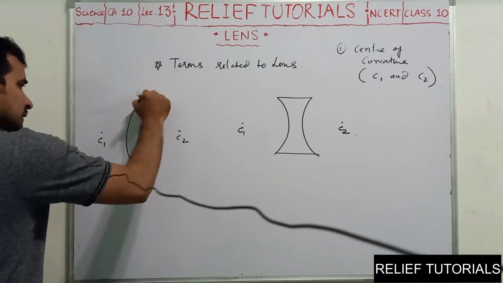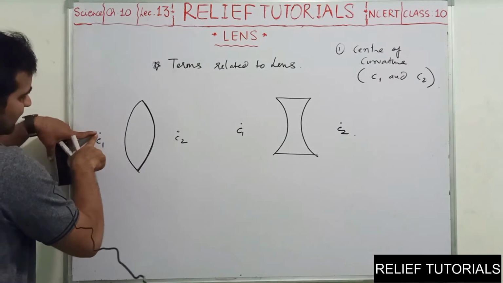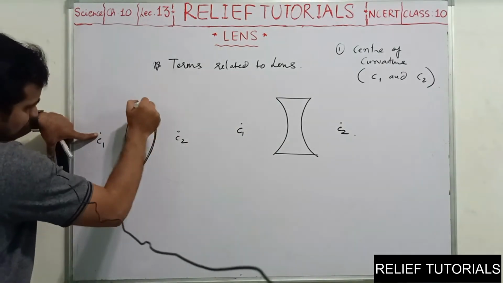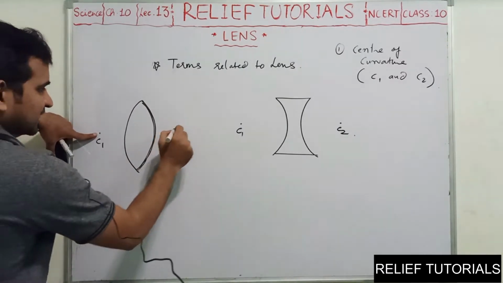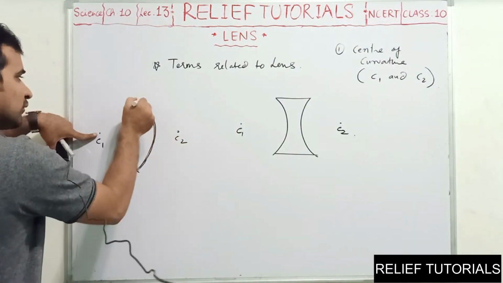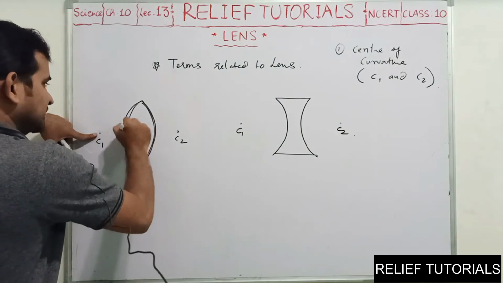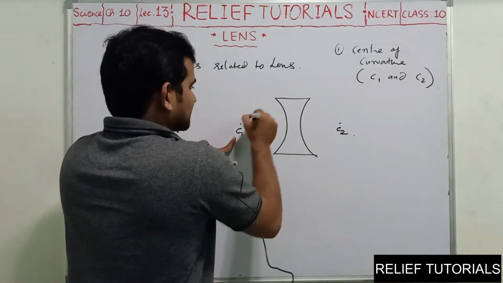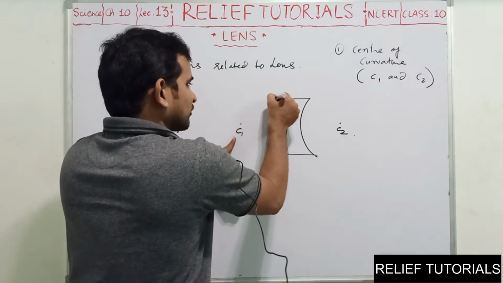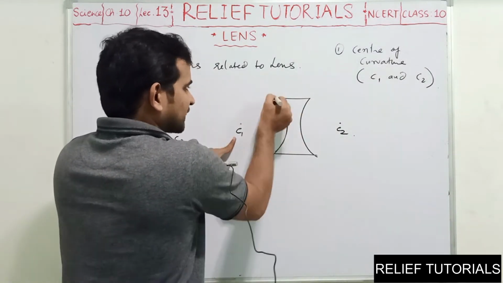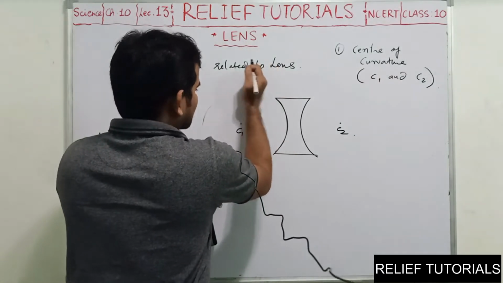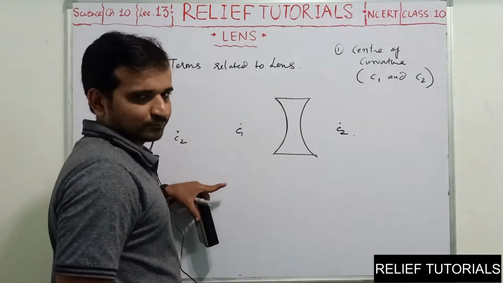See, this C1 is the center of curvature of this interface, and C2 is the center of curvature for this interface. And here in the concave, if you see, C1 is the center of curvature of this interface. We can imagine the solid sphere, and respectively we can assume C1 and C2.